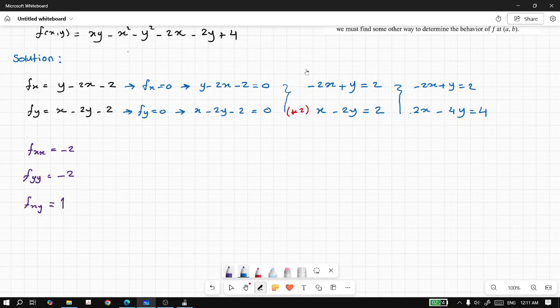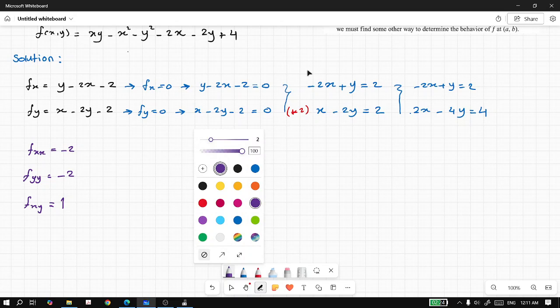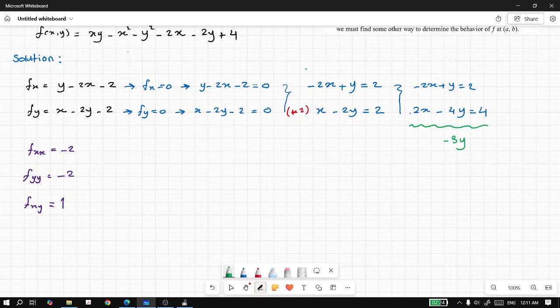Adding those two equations, what would I get? The x's will equal 0, and the y's will be minus 3y, and that's equal to 6. From here, I get that y is equal to minus 2.